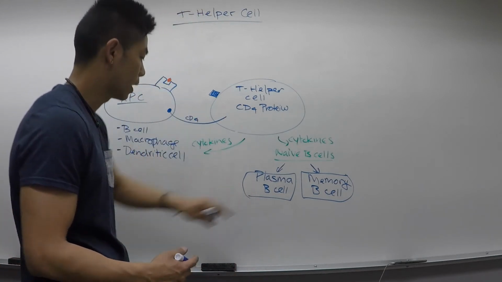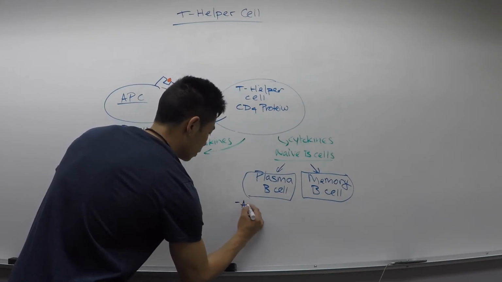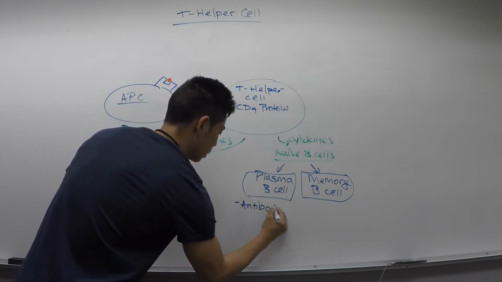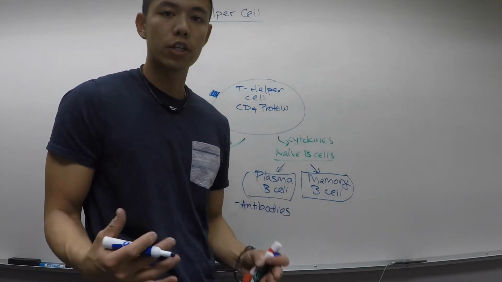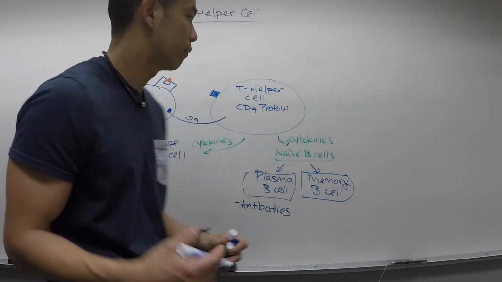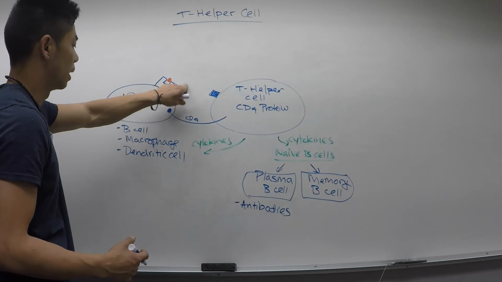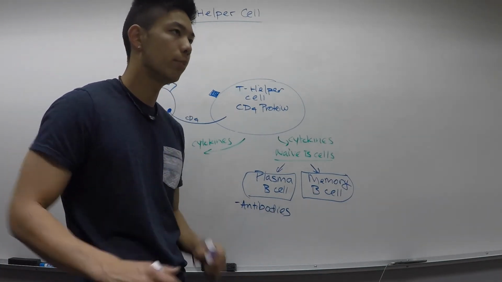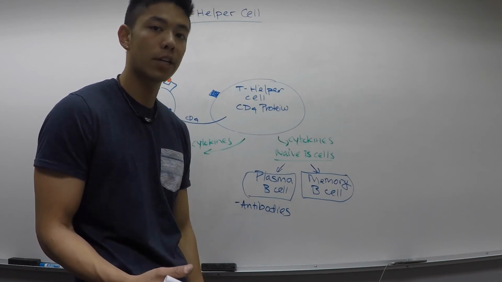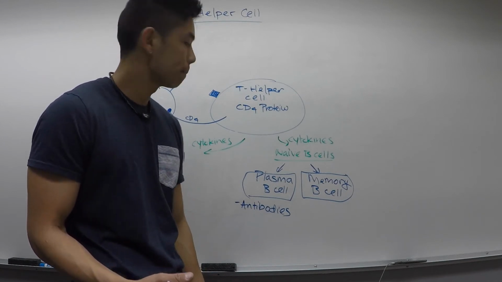This plasma B cell is going to secrete antibodies, and these antibodies are going to have different varying functions on how to kill this infection. Now these antibodies are going to go out into the bloodstream, they're going to go out into the mucosal membranes, and they're going to kill this infection that we have.